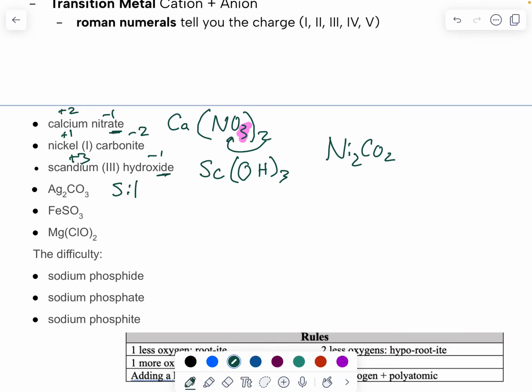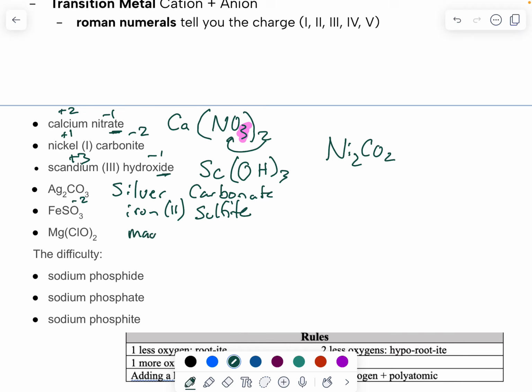Silver is Ag. CO3 on the back of my table is carbonate. Done. Silver doesn't need a Roman numeral. Fe is iron. SO3 is 1 less than sulfate, so that's sulfite. Sulfite is always a minus 2, so given the formula, iron's a plus 2.